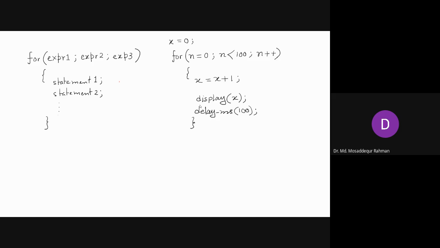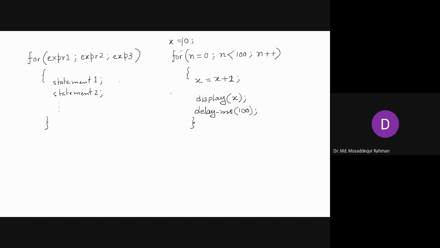Remember the while loop, where we tried to display x from 1 to 100; we're doing the same thing here. Because n and x have the same value, you are getting confused. They can have different values. Let's say we have x as 10 instead, and we increment by 2, right? So probably then you will not get confused, okay? So how many times will we have this loop in this case? 100 times, right?